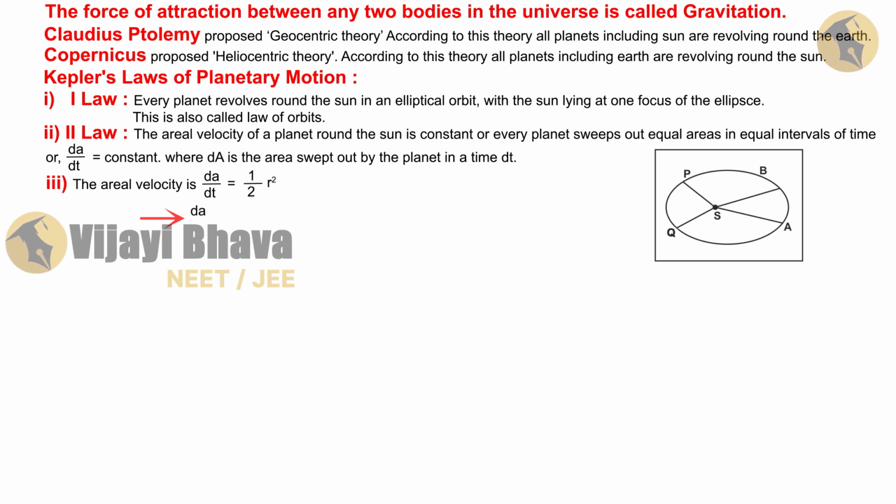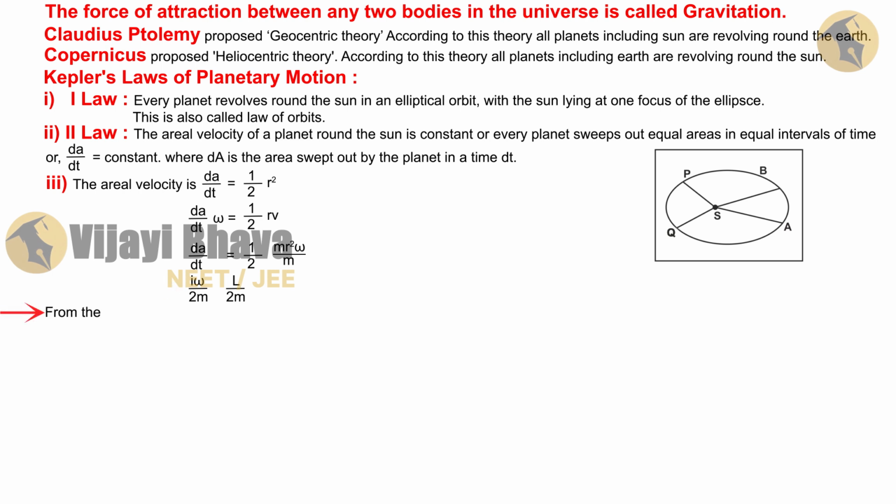Since dA by dt can be written as half r v, otherwise dA by dt is equal to half m r square omega by m, which becomes I omega by 2m, otherwise L by 2m, where L represents angular momentum.